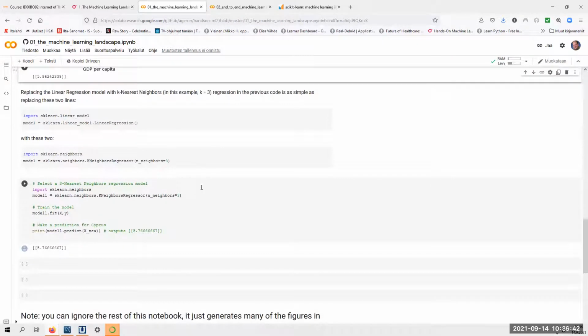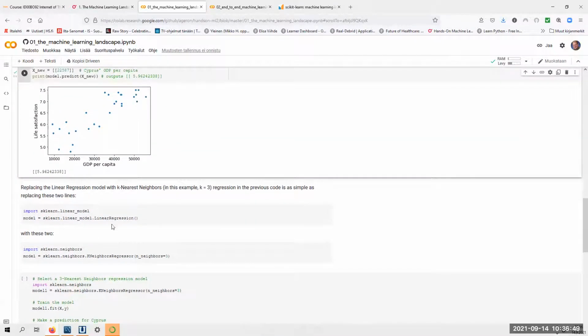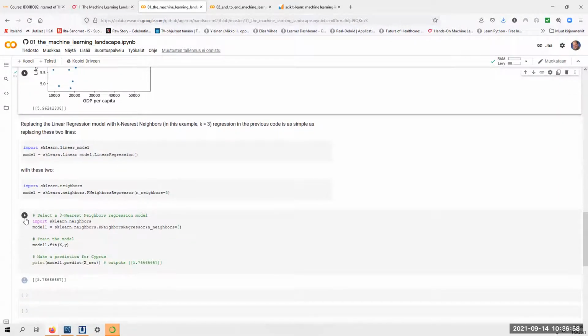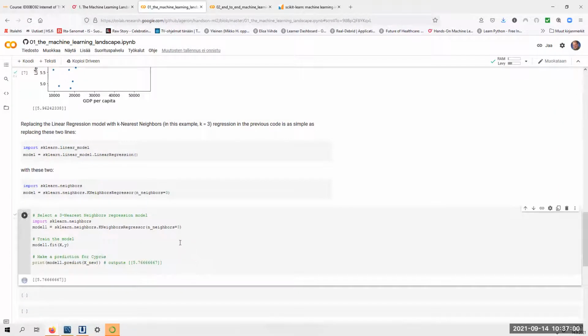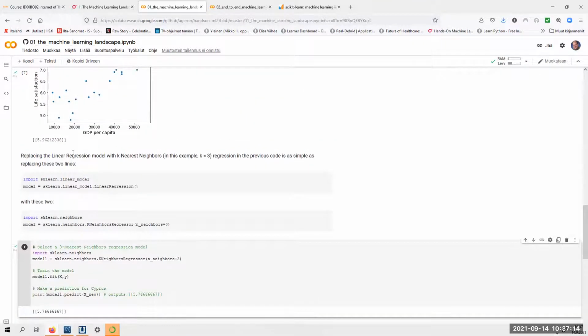Here you can of course change the model from linear regression to nearest neighbor, k nearest neighbor. Okay, let's see if it works. Okay, with this another model, model 1. Change the name, yes. It gives a slightly different result.